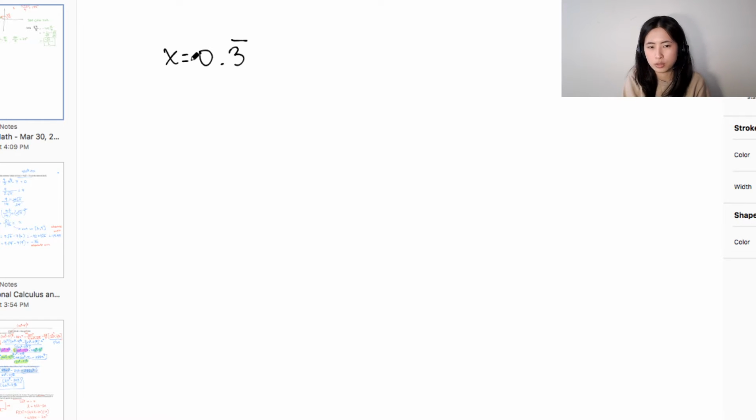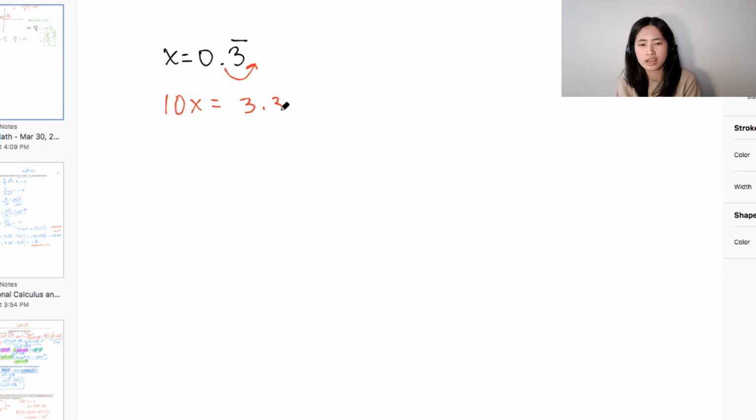Let's write that. We have x, which is equal to 0.3, and that's repeating. And then they're multiplying the whole thing by 10, so 10x is equal to, multiplying by 10 would result in the movement of your decimal point to the right once, because you only have 10, and that's one decimal place value. So that would turn it into 3.3 because we know that this 3 is repeating, right?